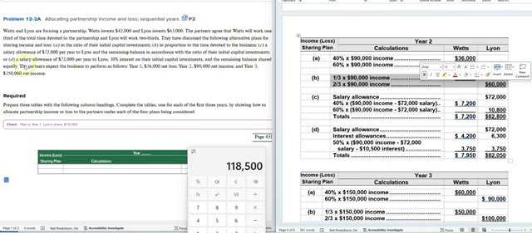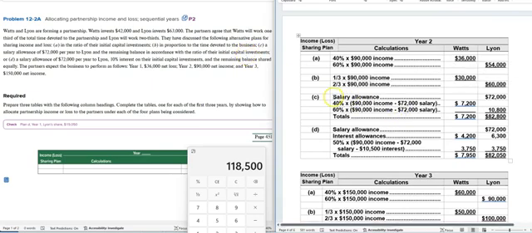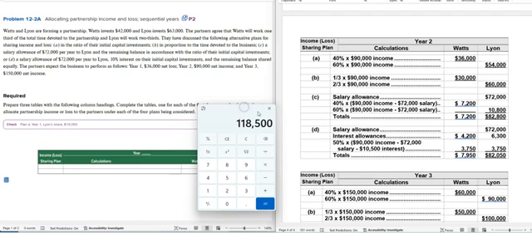In C, we are going to allocate an allowance to Lyon and any remaining balance in ratio of their initial capital investments. So we have a $90,000 income. Of it, $72,000 is allocated to Lyon.